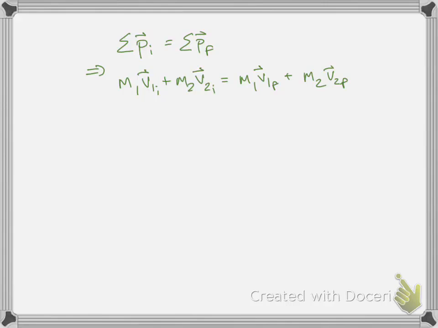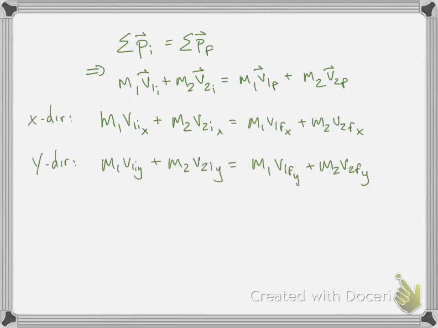In an equation, all that means is in the x direction, we've got M1 V1 initial in the x direction plus M2 V2 initial in the x direction. So I went ahead and wrote it all out. We just separate it into x components and y components. Take the components, and so we just have 2 equations where we had 1. That's all. Broke it up into x and y direction.